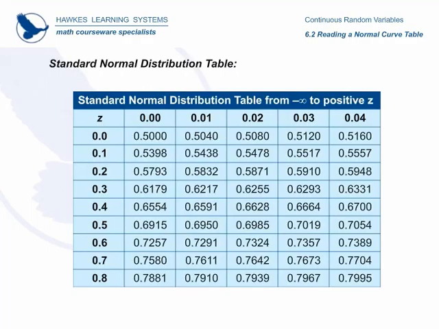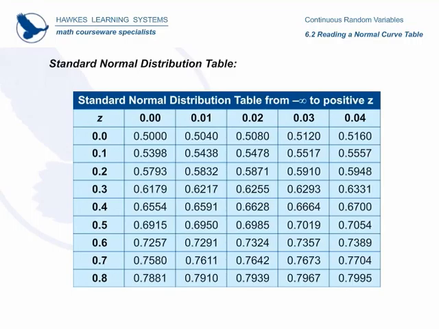Now let's take a look at how we find values using a standard normal distribution table. And we see the table there in the center of our PowerPoint slide. It's entitled Standard Normal Distribution Table from negative infinity to a positive z.